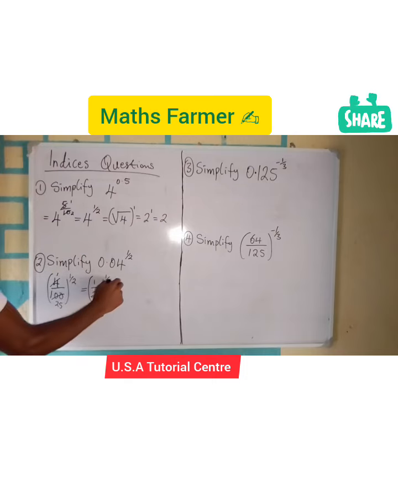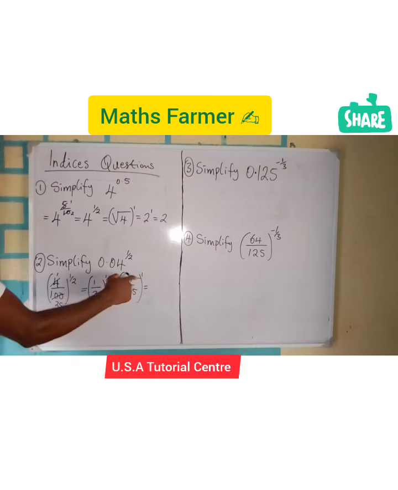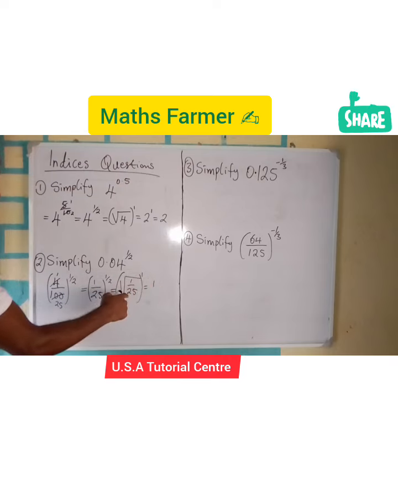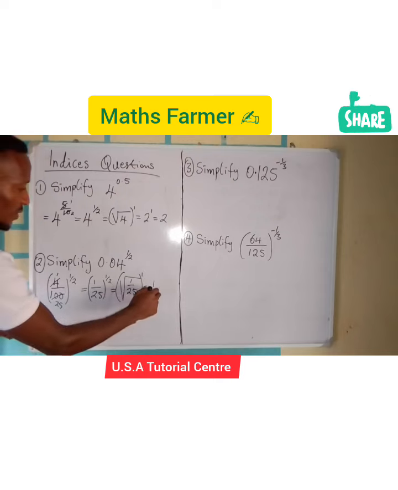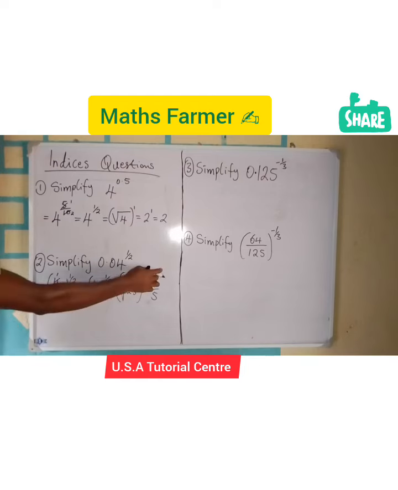What you have here is 2, so it is the square root of both of them, 1 over 25, all raised to the power of 1. This is equal to the square root of 1, which gives us 1, and the square root of 25, which gives us 5. Raising to the power of 1, it is 1 over 5.